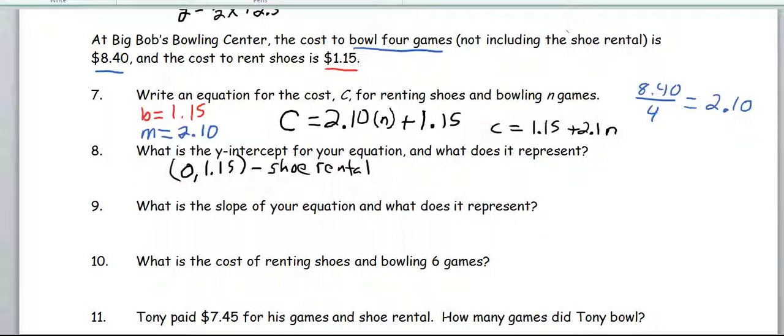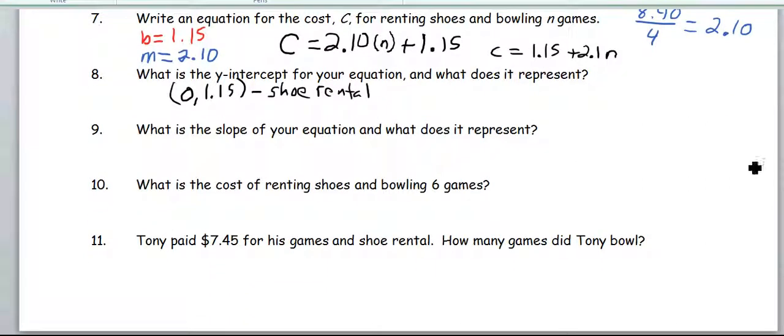All right, what is the slope of the equation? Well, we found that up here. M, it's $2.10, and I'm just going to write 2.1 because we don't need the 0. And what does it represent? That is the cost per game.